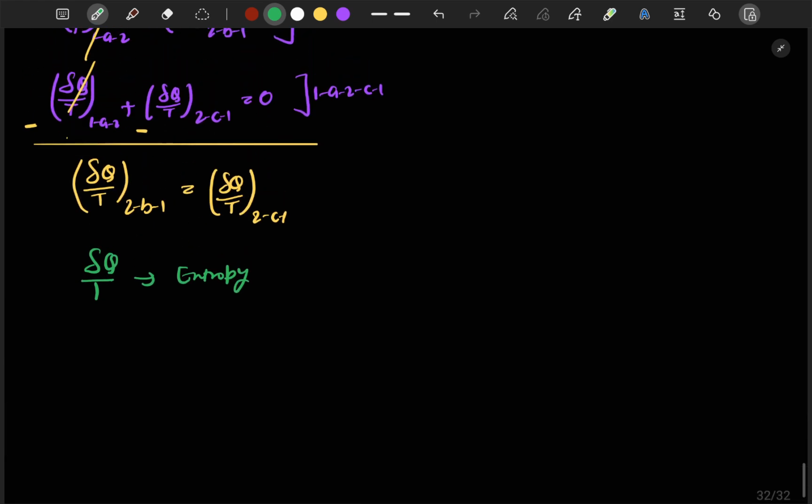So we can directly write it as dS is equal to del q by T in case of reversible processes. Reversible. So this is a point to be remembered.